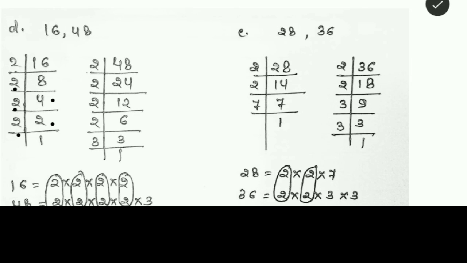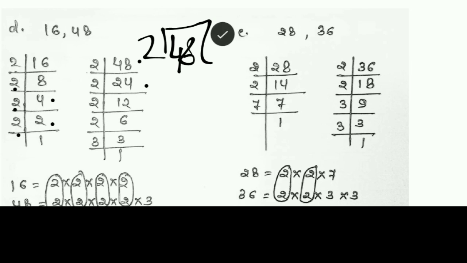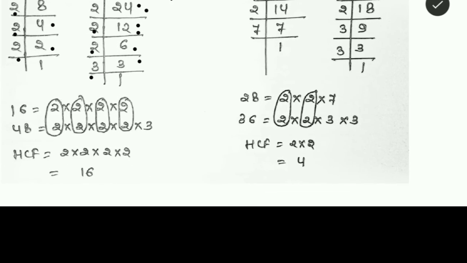Same here, 2 24s are 48, and if you have a problem you can divide like this and then you can find. Then 2 into 12 is 24, 2 into 6 is 12, 2 into 3 is 6, 3 into 1 is 3.